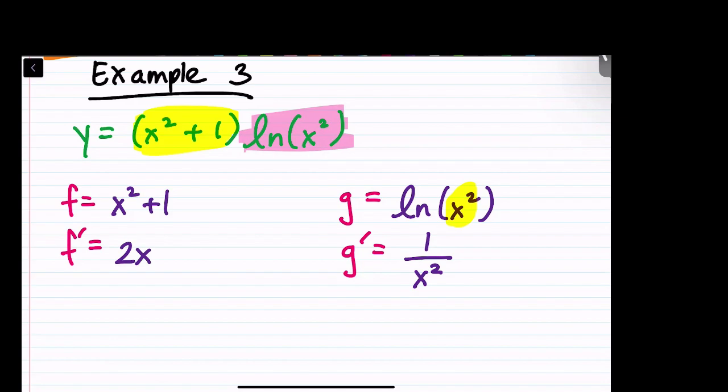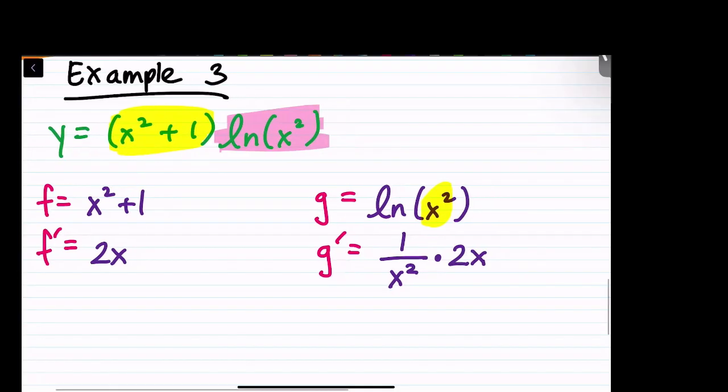And I promise I will create another video on how to use the chain rule and when to use the chain rule. So we'll have to use the chain rule here. So I'm going to have to multiply this expression by the derivative of x squared, which is 2x. Simplify this, and we have 2x over x squared, which simplifies to be 2 over x.